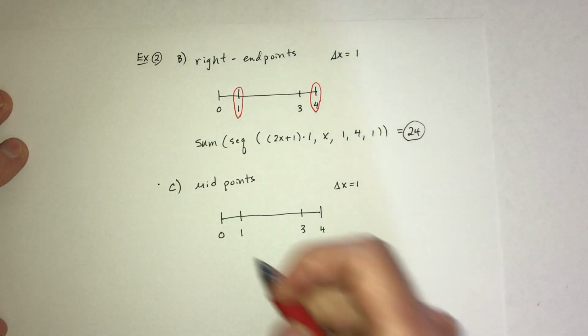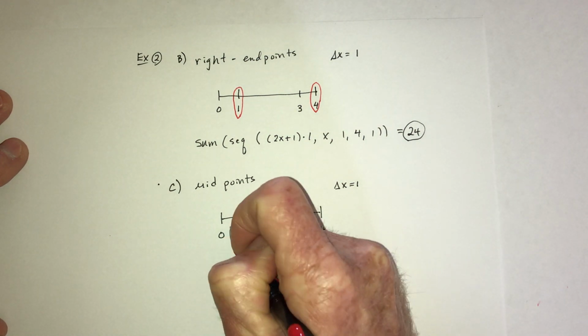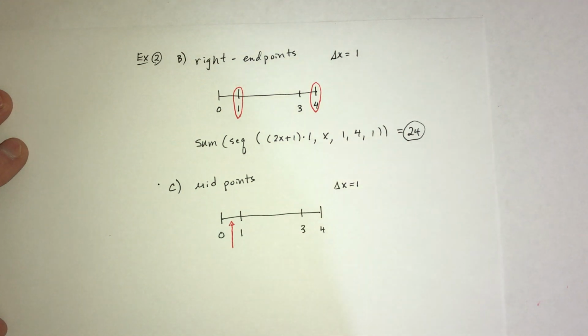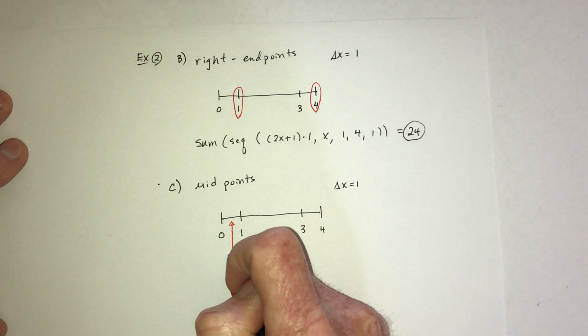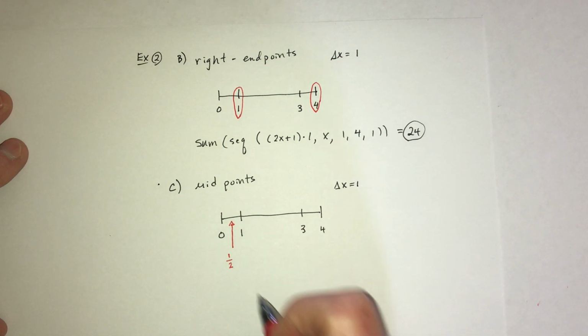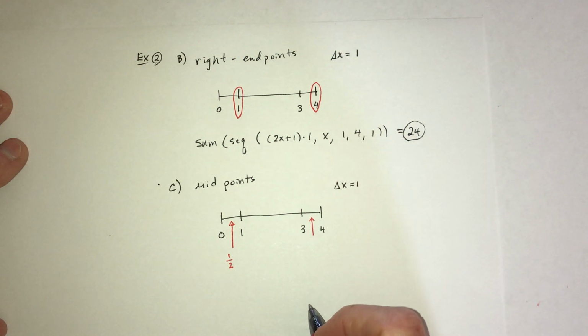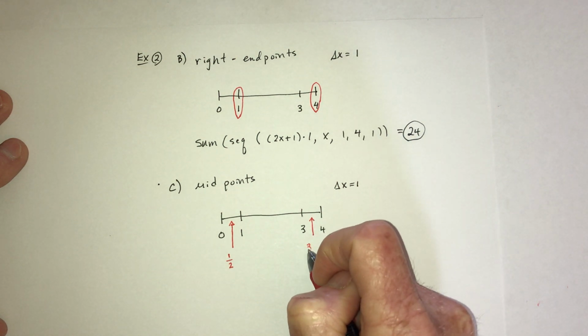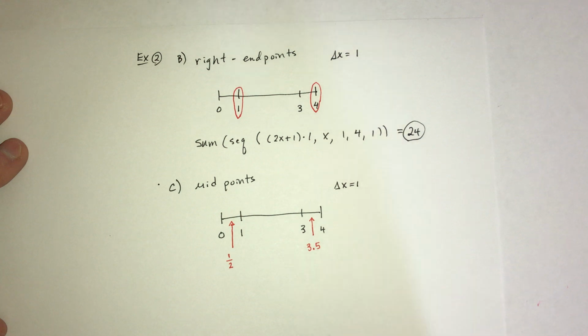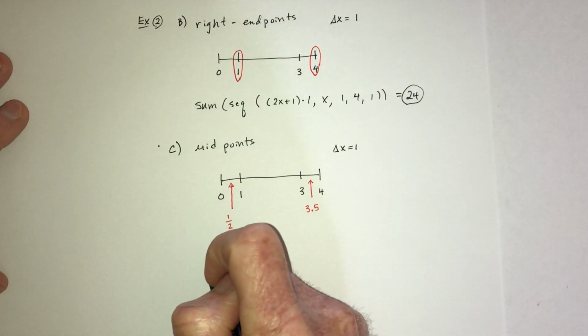But now use the midpoint. So what's in between a 0 and a 1? Right in the middle. You're right, that will be 1/2. And right here in between 3 and 4, that would be 3.5. So then we do the sum sequence.